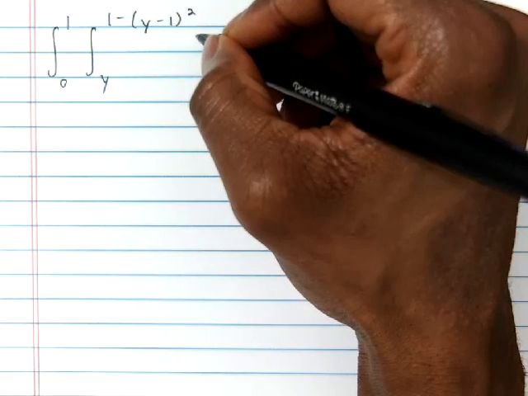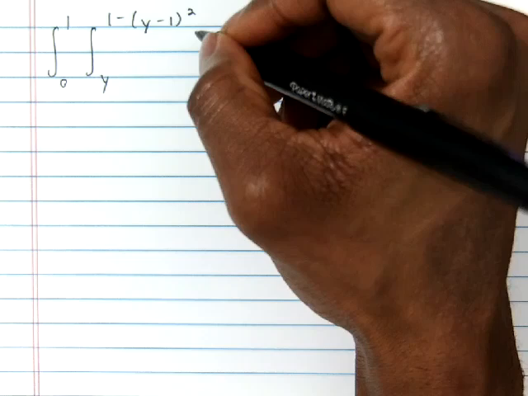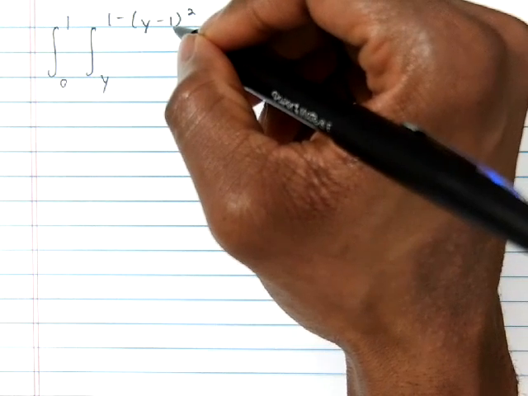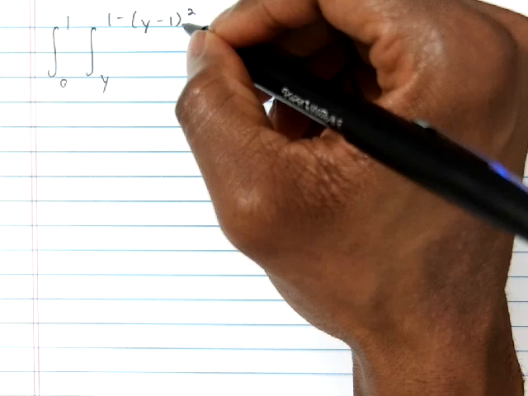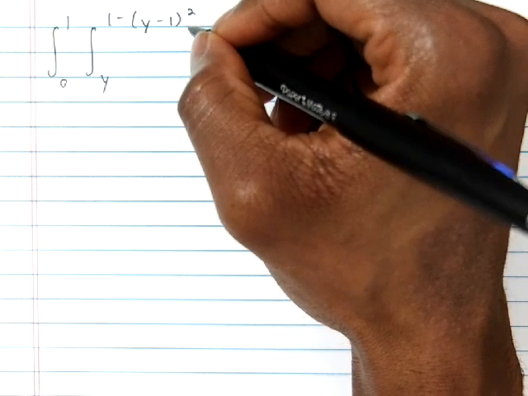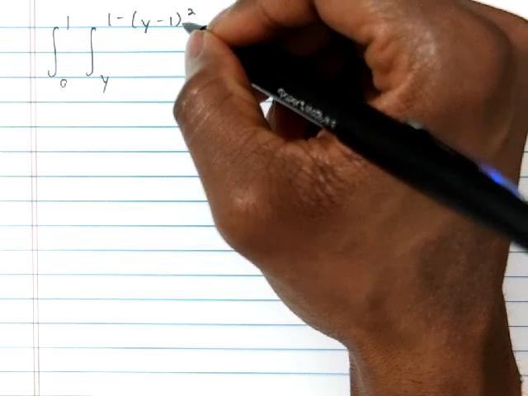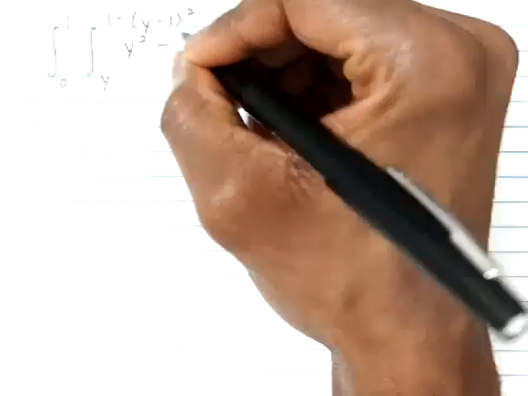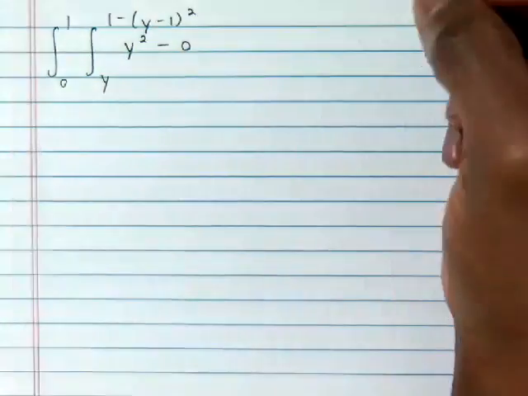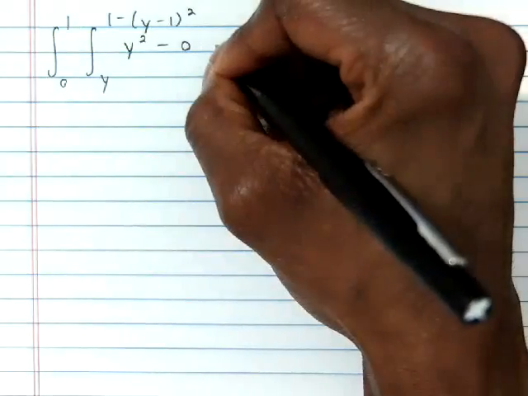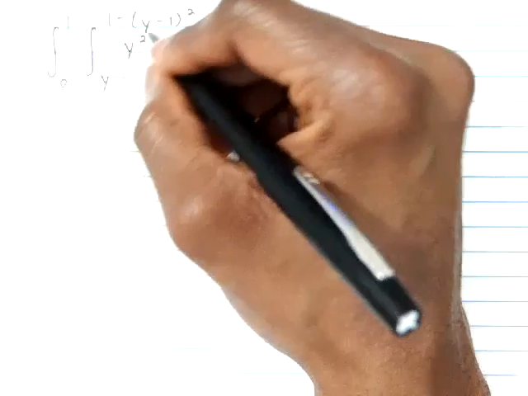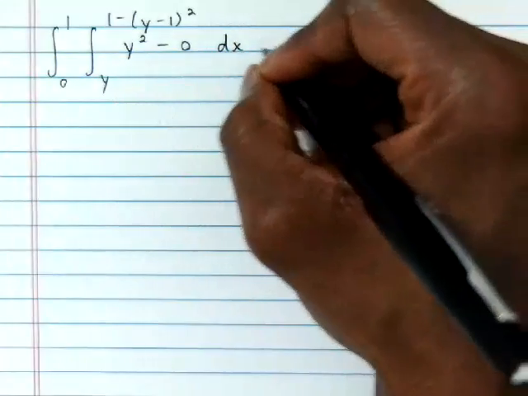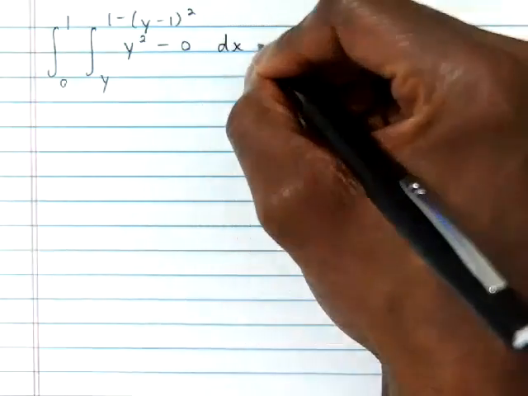I told you your top was z equals y squared. The z indicates that that's our top and our bottom, but we're not going to include the z in there because we're doing everything in terms of x and y. So we're going to do y squared, your top, minus your bottom, which is 0. And now these have y's in them, so that tells me this needs to be dx. And then after that, I'm going to integrate with respect to y.